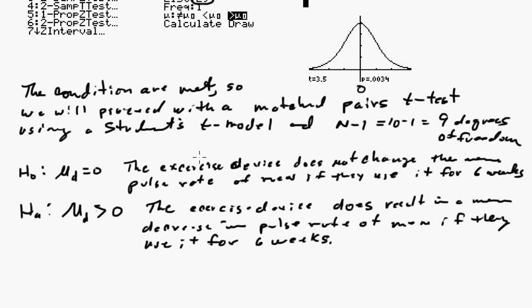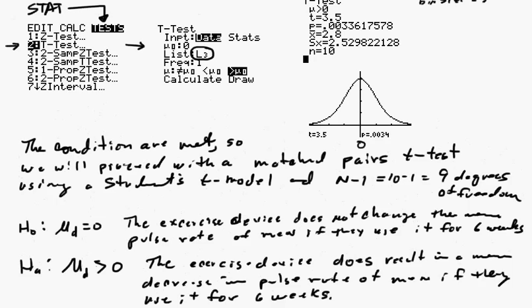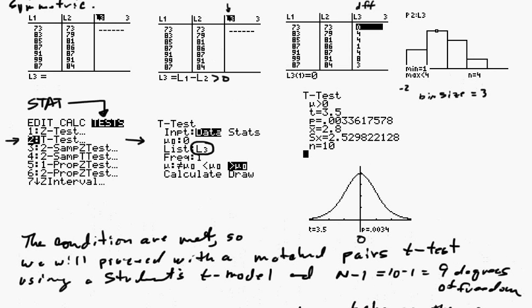I think if you thought through it, you could write slightly better hypothesis statements than what I just wrote, but I'm trying to go kind of fast here. Okay, so that helps us understand that we want to say greater than. So then when you do calculate, here's the results you get.